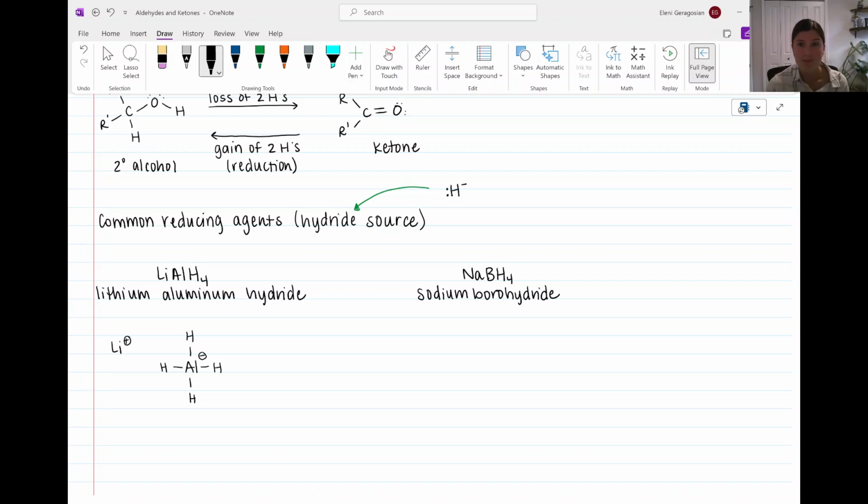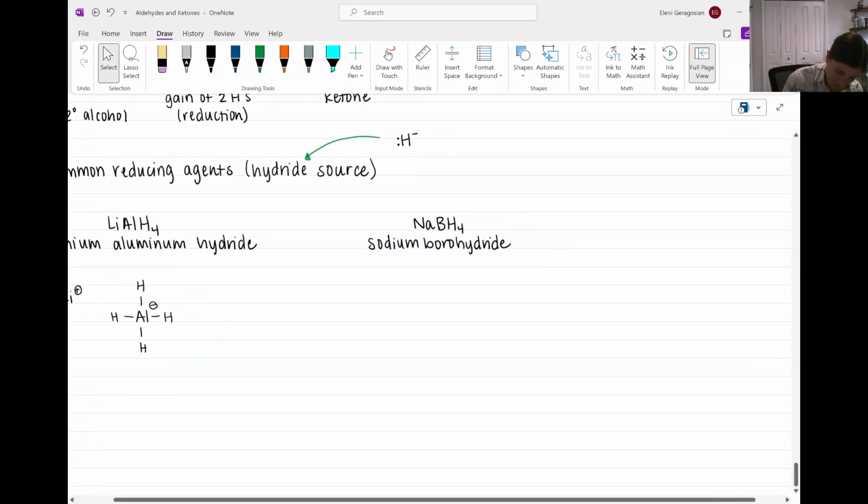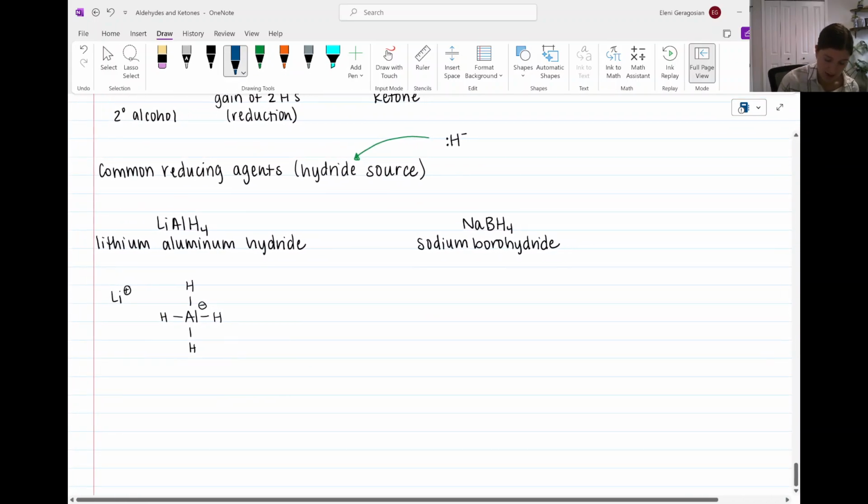Now, aluminum is stable with only 3 bonds. It is uncharged. It's a neutral atom with only 3 bonds. So lithium aluminum hydride actually reacts as if one of the hydrogens and its electrons were not bonded to the aluminum.